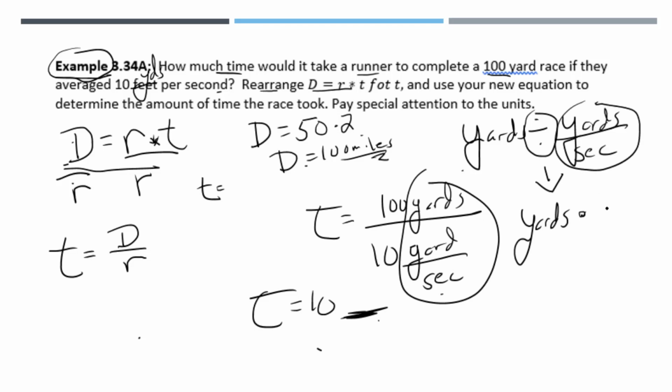Yards per second, the reciprocal is seconds per yard. Now if you look at this, put this over 1, and the yards are going to cancel, and I'm left with seconds. So the answer is time equals 10 seconds.